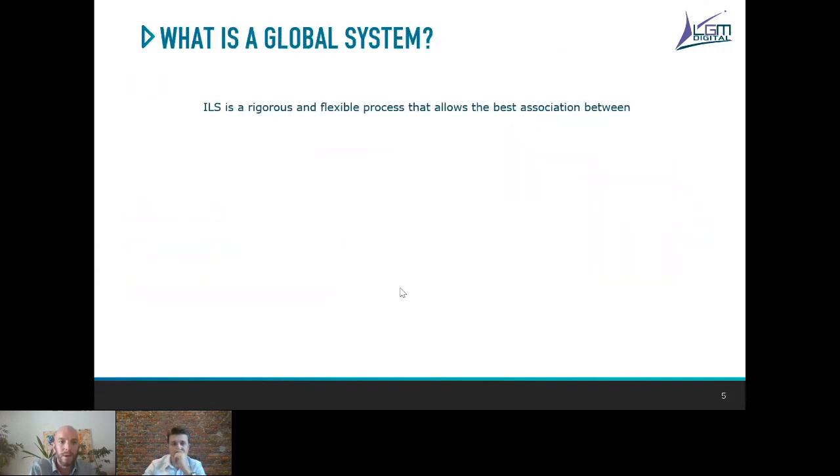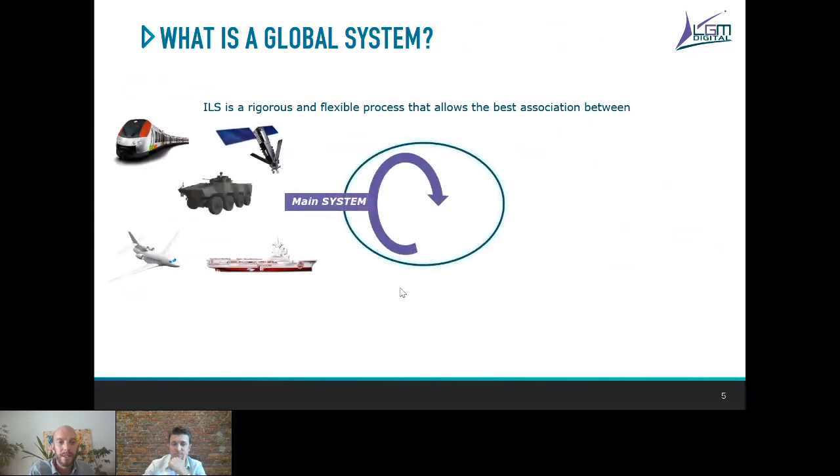So in our domain, we talk about a global system. In ILS, we play with this global system. What is a global system? A global system is composed of two systems. The first one, the main system, is your system.